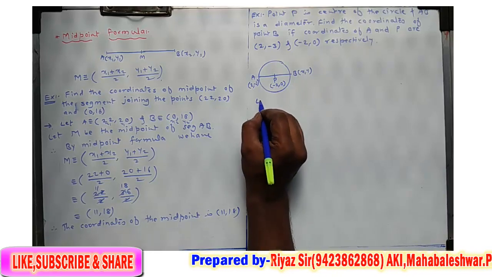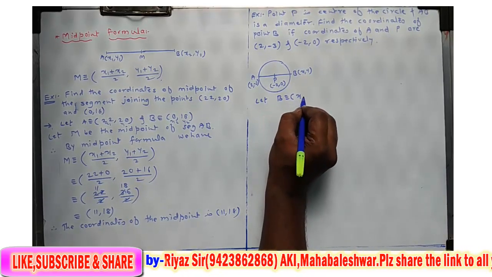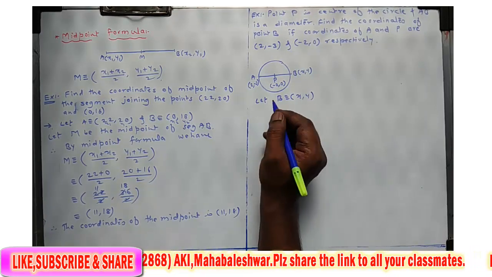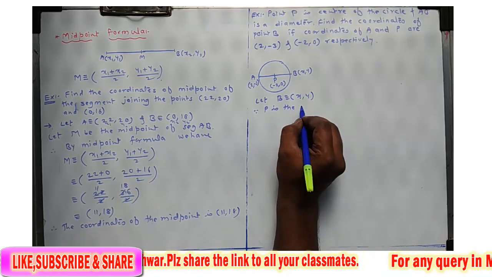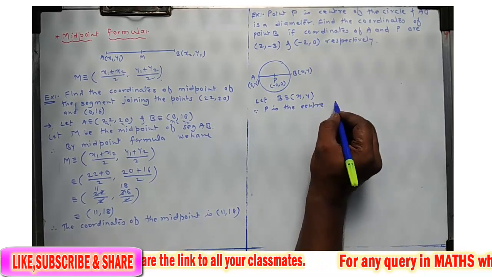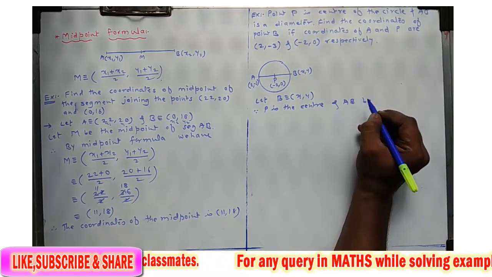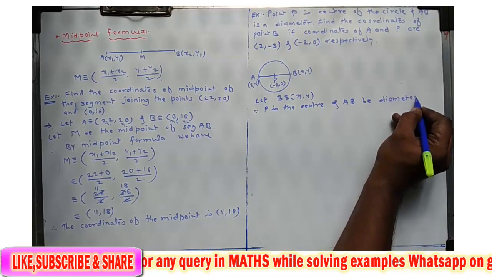सो वी कंसीडर लेट कोऑर्डिनेट ऑफ पॉइंट B इज इक्वल टू x, y. सिंस P इज द सेंटर and AB diameter. AB be the diameter.